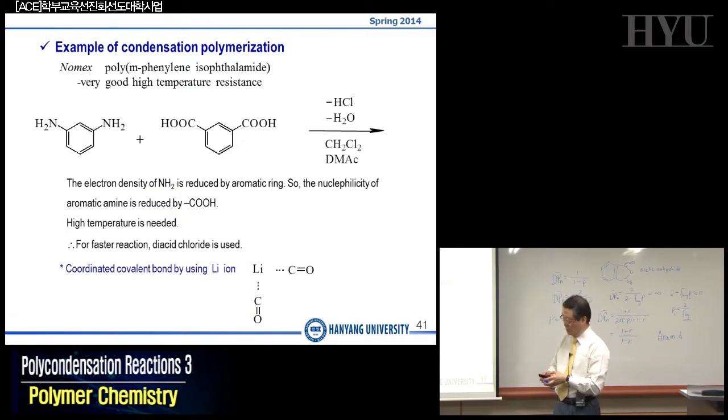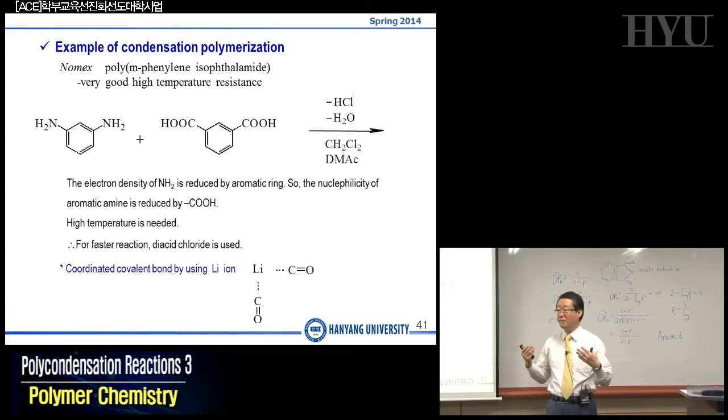Nomex is the name of this metaphenylene isophthalamide. If you have a meta-substituted diamine and meta-substituted carboxylic acid, you can make a polymer very similar to Kevlar, but with a different configuration. Okay? So Nomex is the commercial name of this polymer.